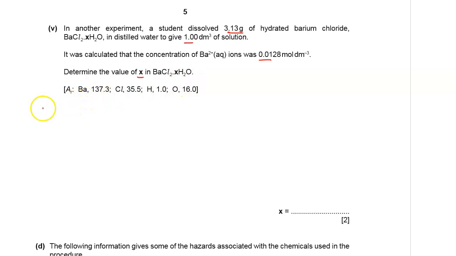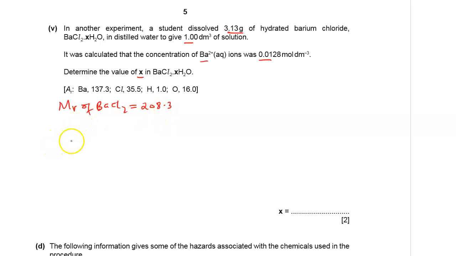Of course, we need to calculate the MR of barium chloride, and you're given the relative atomic masses here. So it is 137.3 plus 70. You'll get 208.3.